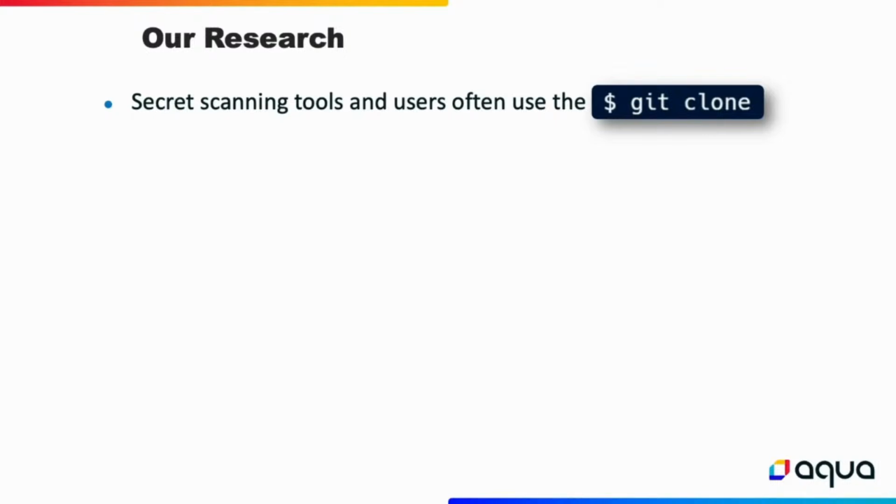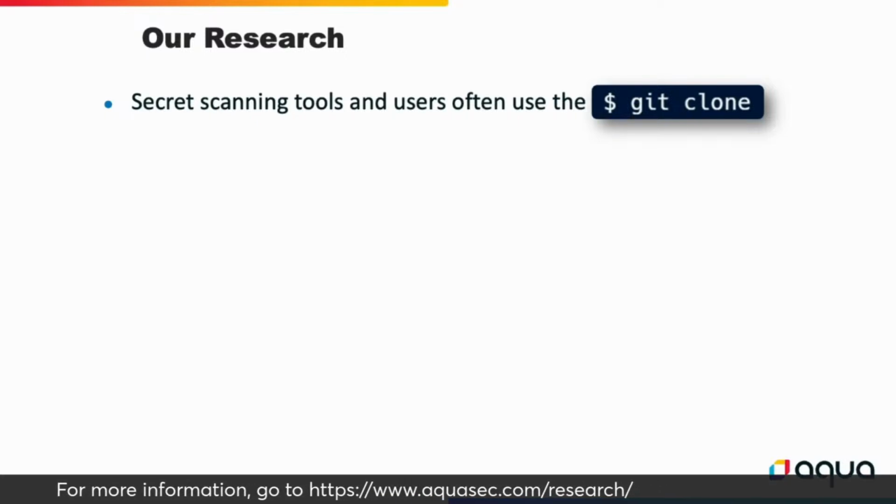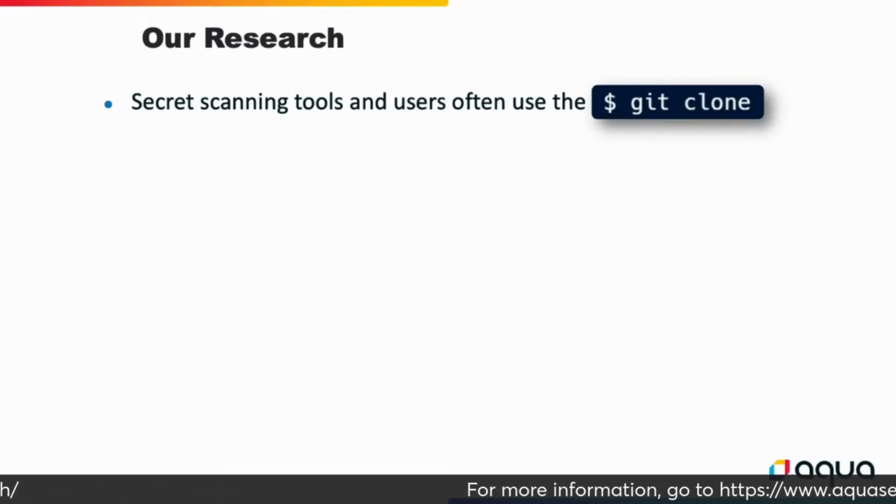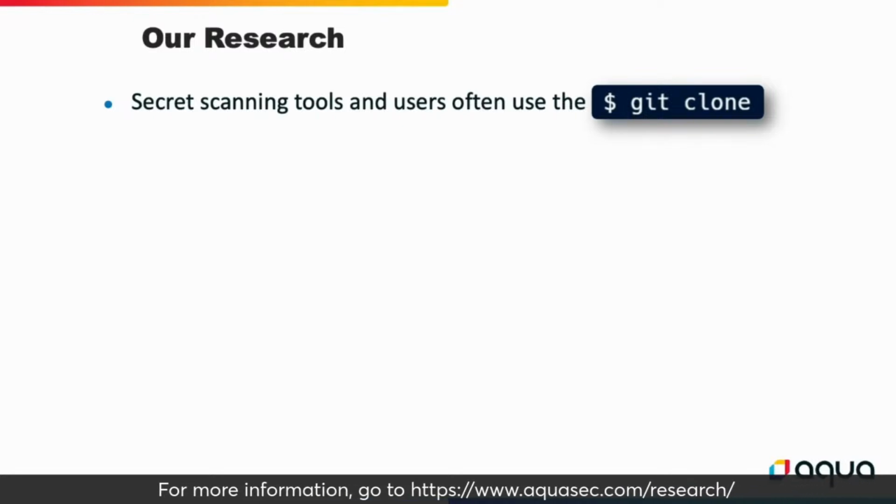So let's reveal more blind spots that we found in this research. For some background, most secret scanning tools work behind the scenes or instruct their user to use the git clone command to download the repository before scanning it. For those less familiar with the git clone command, it is simple.